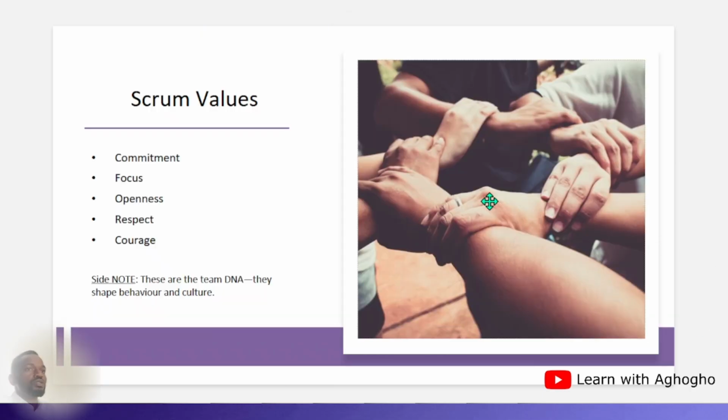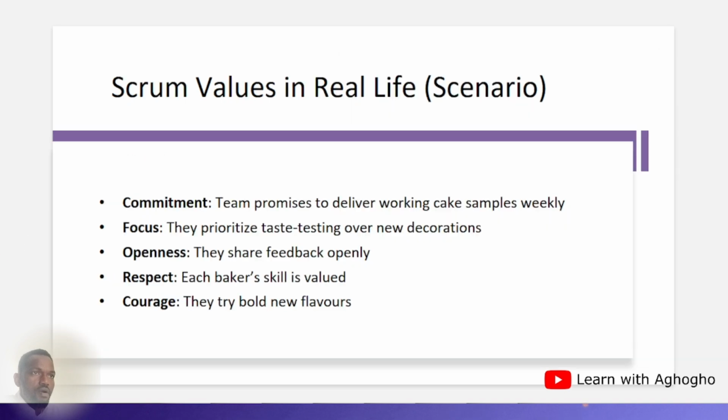Scrum values. The Scrum values are made up of five, which are commitment, focus, openness, respect, and courage. So, commitment in a real-life approach. How do we explain commitment?